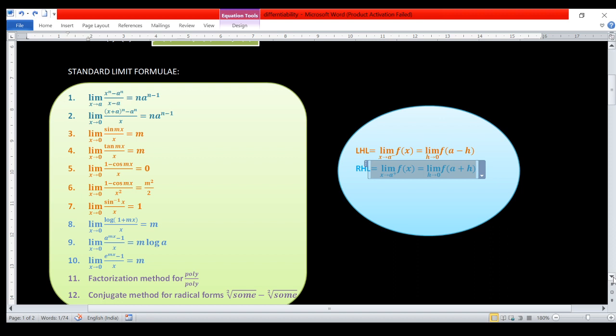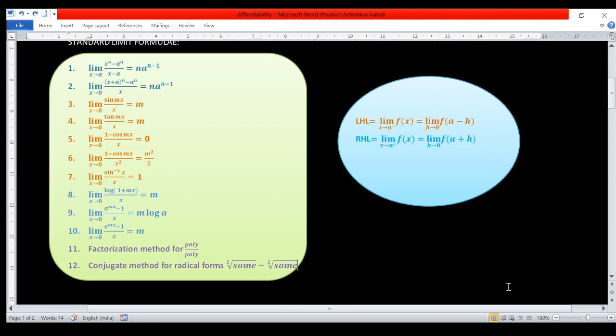These are the standard limit formulas. Of course, to say a limit exists, you need to check the left hand limit, the right hand limit and the value of the function. If all are equal, we can say the function is continuous.